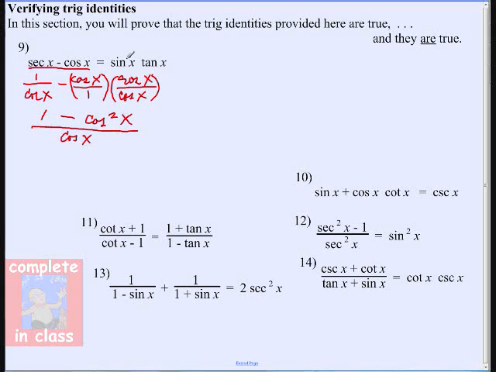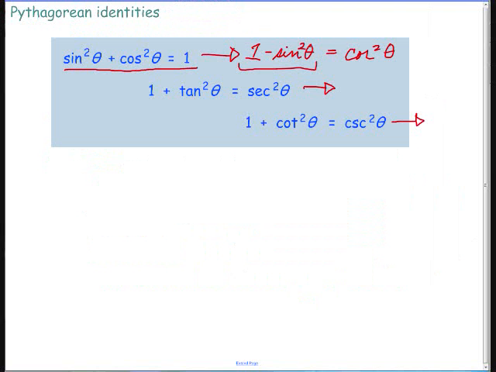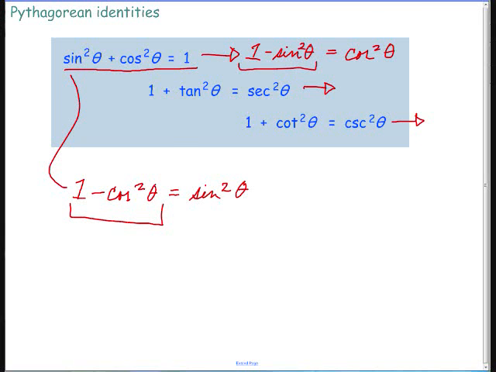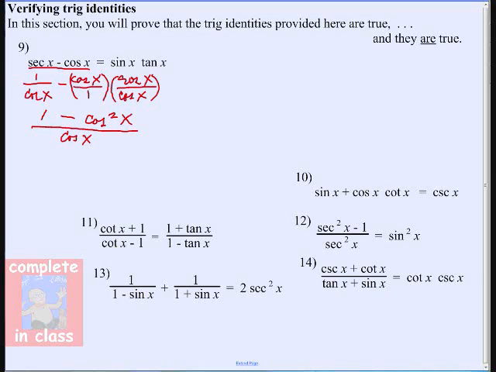And what is that equal to? If we use the Pythagorean theorem, didn't we just look at that? Well, no, we looked at the other one. I could have as easily here said 1 minus cosine squared theta equals sine squared theta. And isn't this the expression that I just came to? Yes.